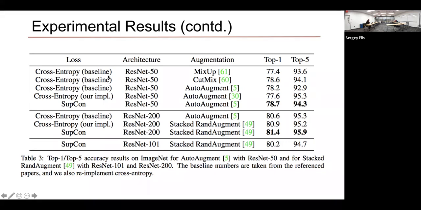Cross entropy with mixup augmentation gets 93.6 accuracy. But their proposed supervised contrastive loss with augmentation on the ResNet architecture provided the maximum top 1 and top 5 accuracy.